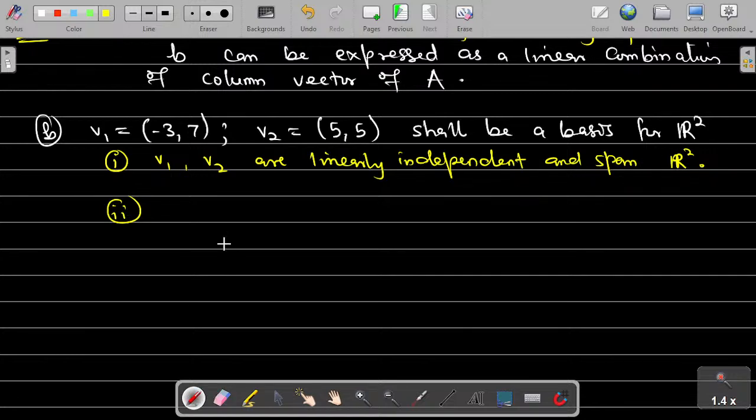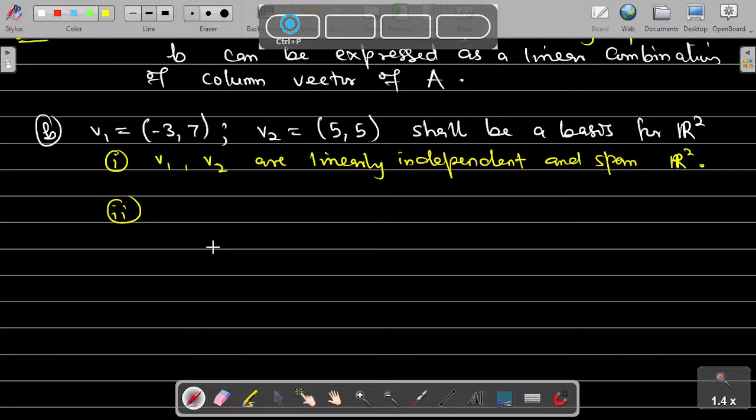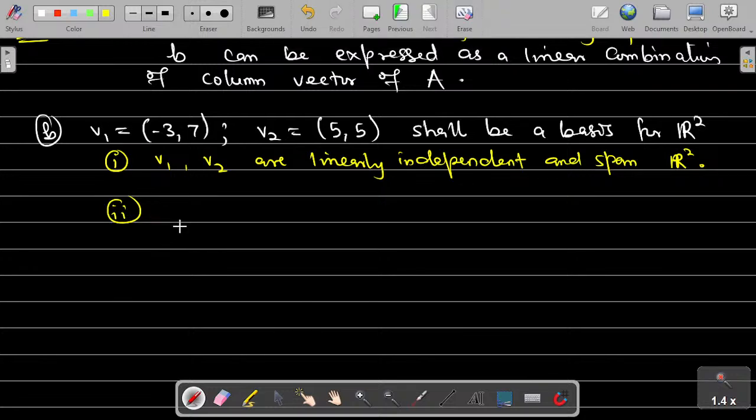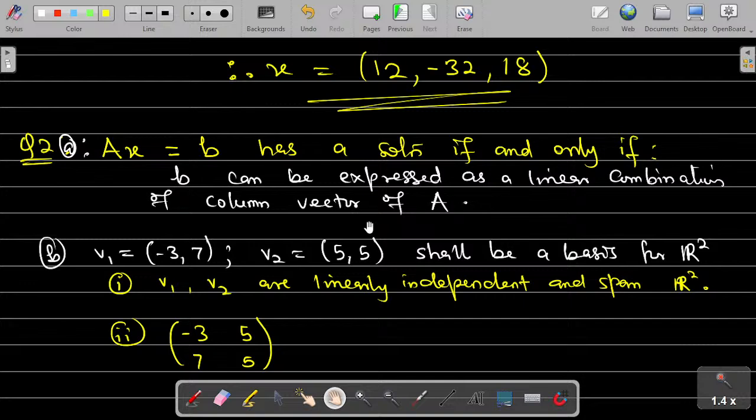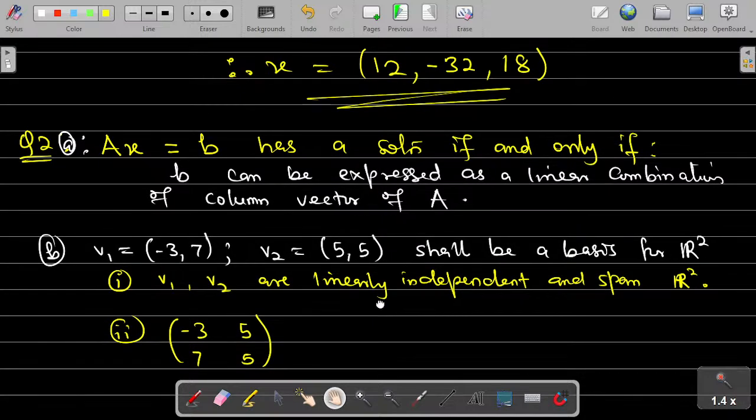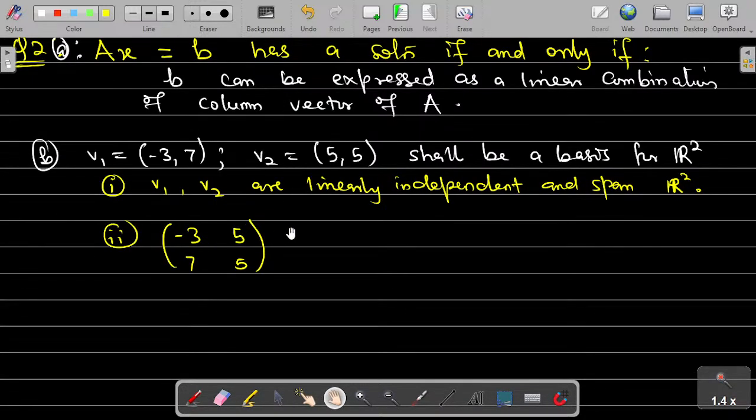And then the second one, like we did in question 1, you are going to be showing that the matrix formed by this in column approach is consistent. And how do you show that it is consistent? That these column vectors can form a linear combination of the columns that will be equal to any vector in R2.